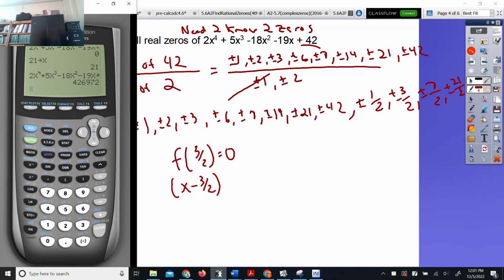Pretty far from 0. I have the advantage of having done this a couple of times. It's -2. That's the other one.